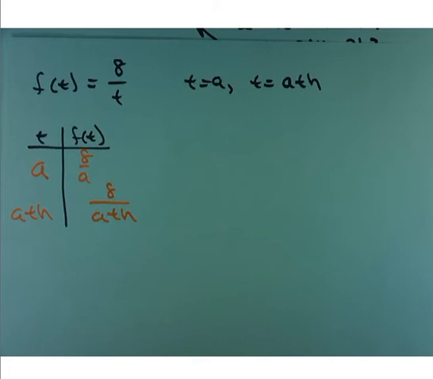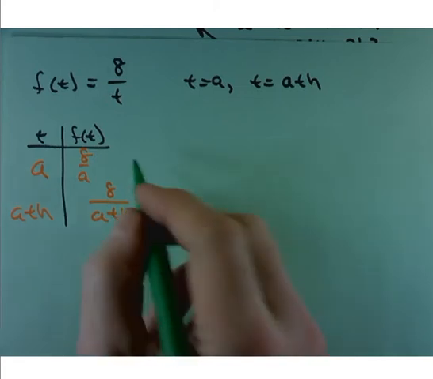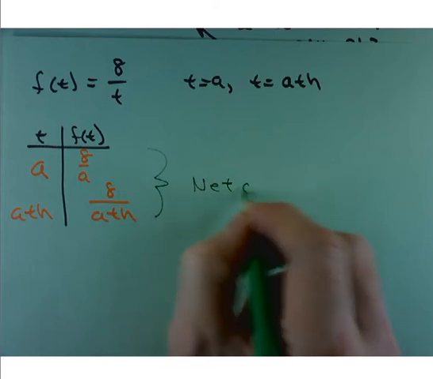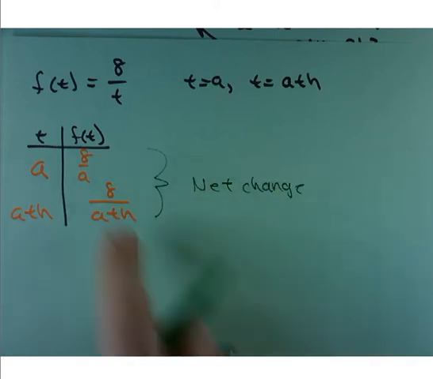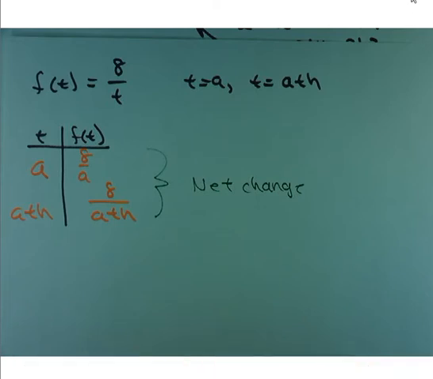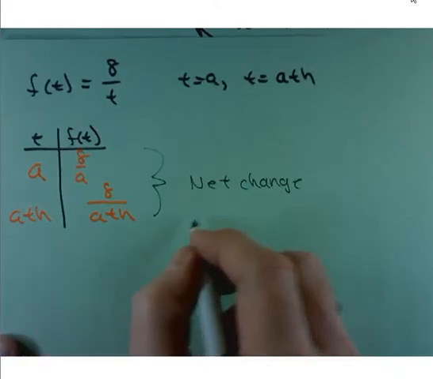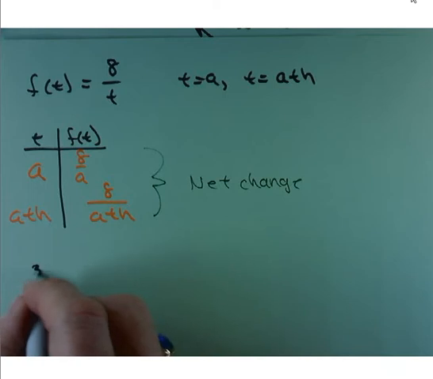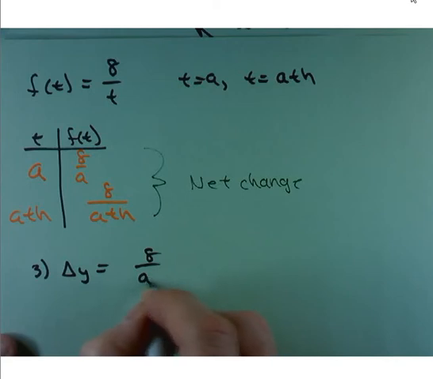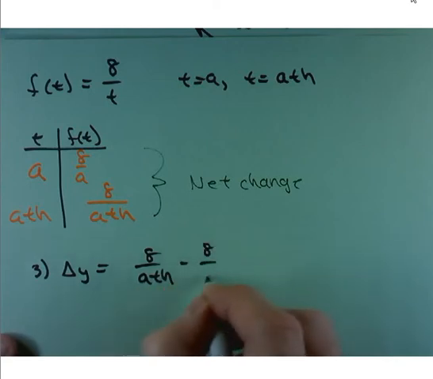Now, there's a couple more things we need to do. First of all, I need to find the net change. That would be the difference in these two. So, okay, let's take a look at the difference in those two. So the net change, or basically what I call delta y, equals 8 over a plus h minus 8 over a.